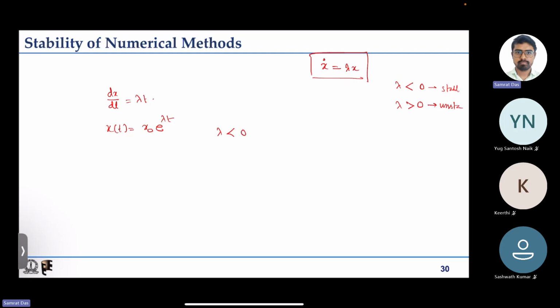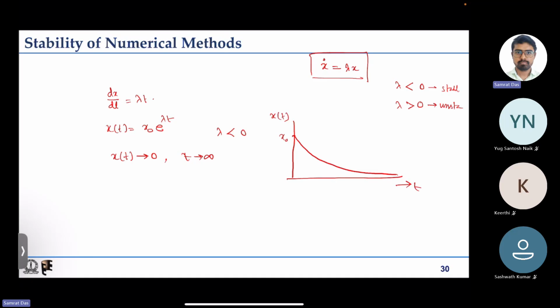So x(t) goes to 0 as time tends to infinity. That is the stability that we have already discussed. In continuous time, it will look like this. X0, it is reducing. This is x(t), this is time.